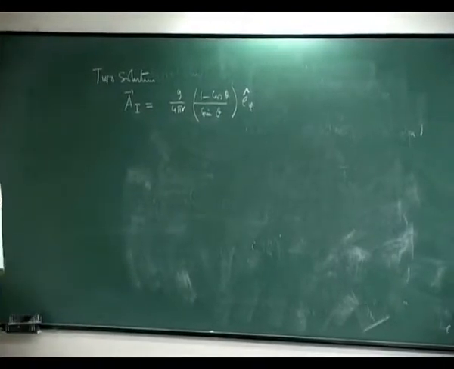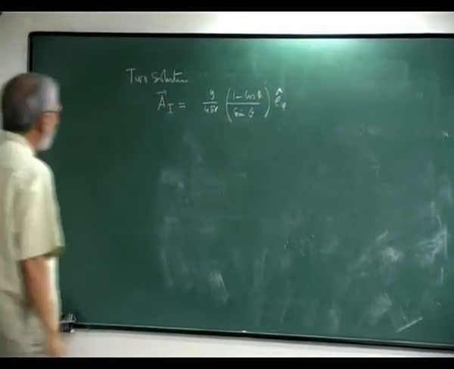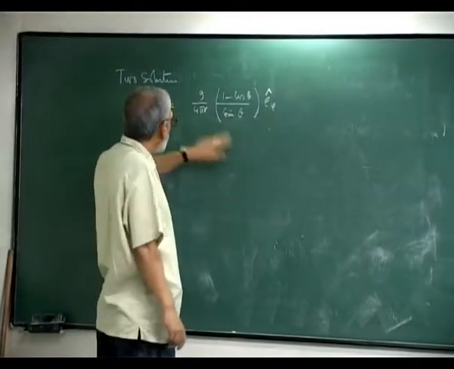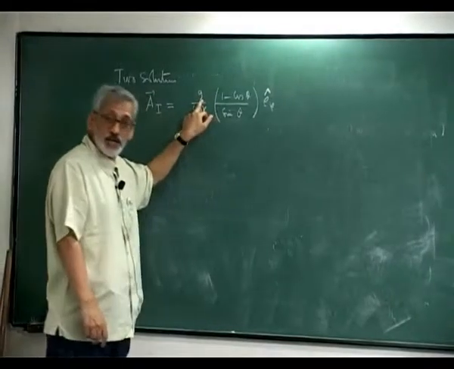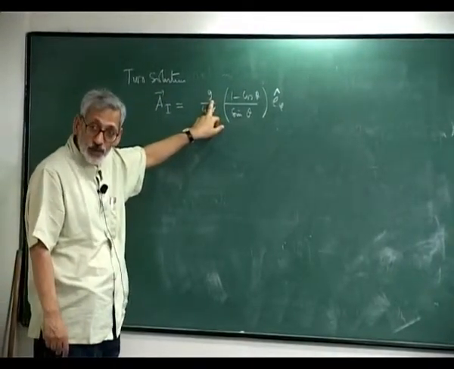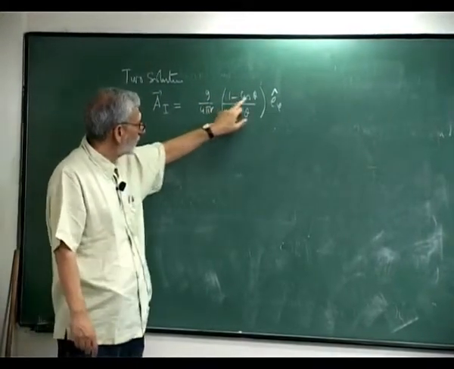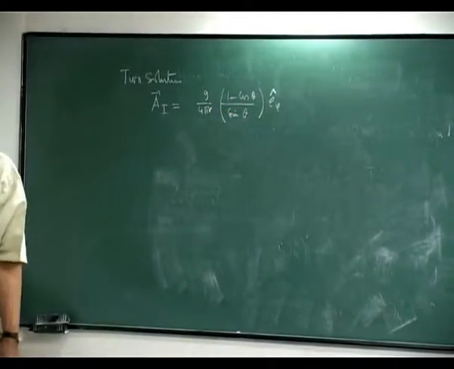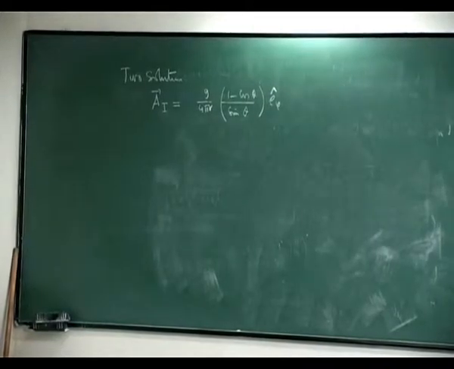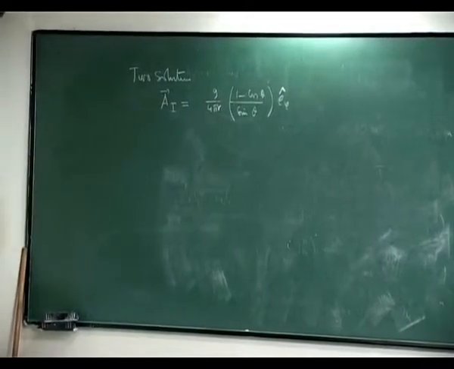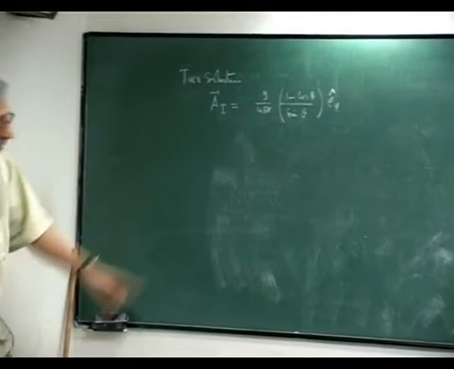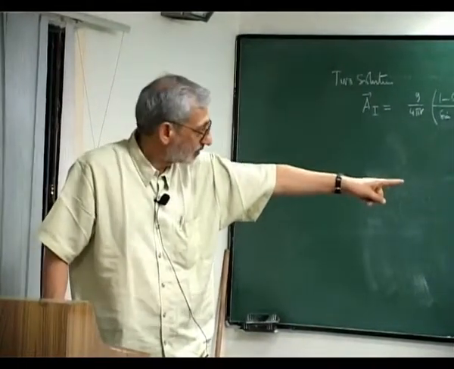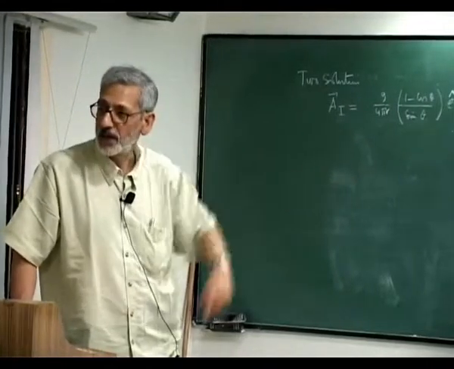That is the A field along the phi direction, where g is the magnetic charge of the monopole. If you calculate the B field for this gauge potential, that's precisely g r vector divided by 4 pi r cube.